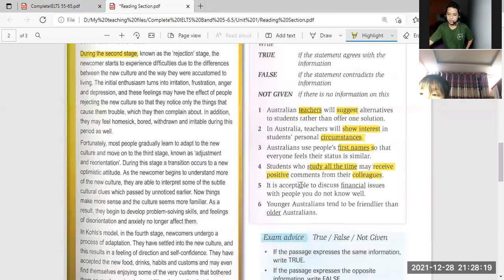And here it says, students who study all the time and receive positive comments. So do you think it's true, false, or not given? It's false. Yes, it is false. Why? Because in here, it says that if you study all the time, you may receive positive comments.